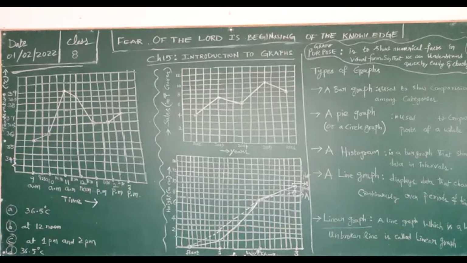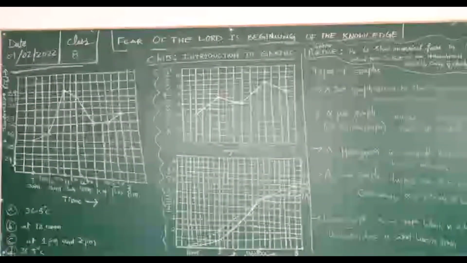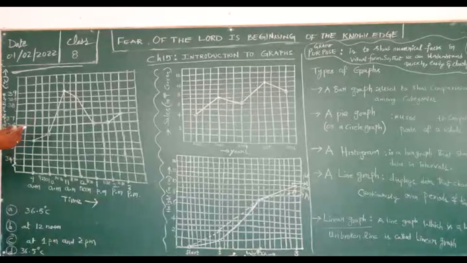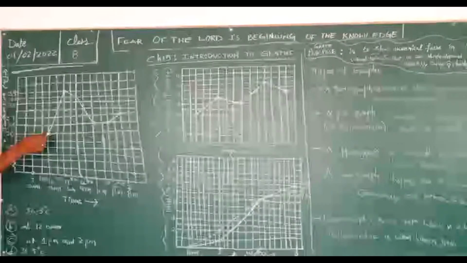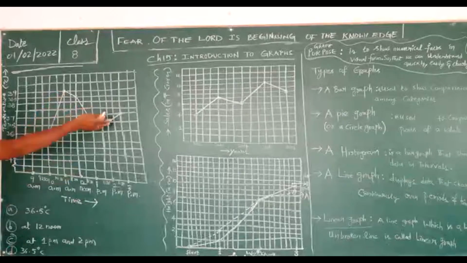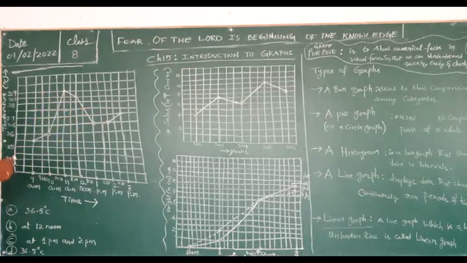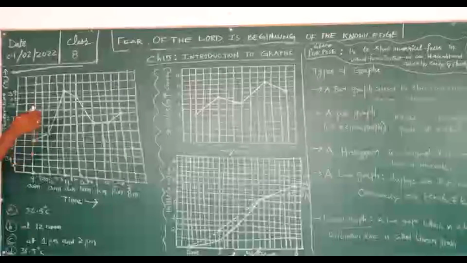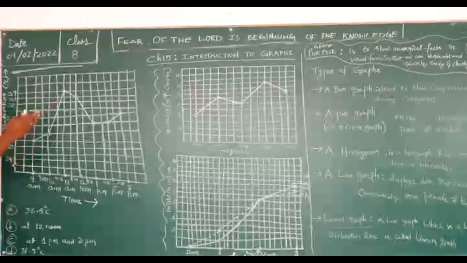So next one: when did the patient's temperature show an upward trend? You observed that from 9 a.m. to 10 a.m. it was increasing, then from 10 a.m. to 11 a.m. increasing. Later it decreased and later became a little increased. So where is the upward trend? An upward trend is nothing but the hours in which the temperature was increasing.